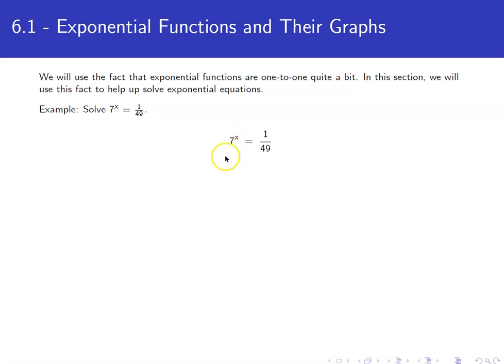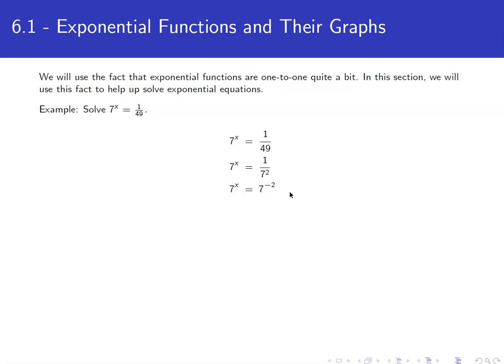So there's not a lot I can do with the 7, but with the 1/49th, I notice that I can write this 49 as 7 squared, to have the same base. I'm not quite there at this point because the 7 to the x is on top, if you will, on the left-hand side, whereas the 7 squared is on the bottom. But we can rewrite that right-hand side using a negative exponent.